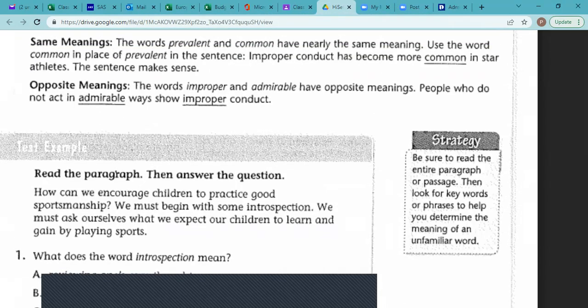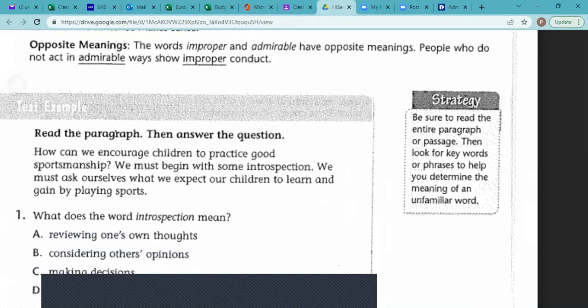All right. Right here, it says over here to the right, a strategy. Be sure to read the entire paragraph or passage. Then look for keywords or phrases to help you determine the meaning of an unfamiliar word. Now, there are students that don't do their very best on reading tests and maybe some other tests.